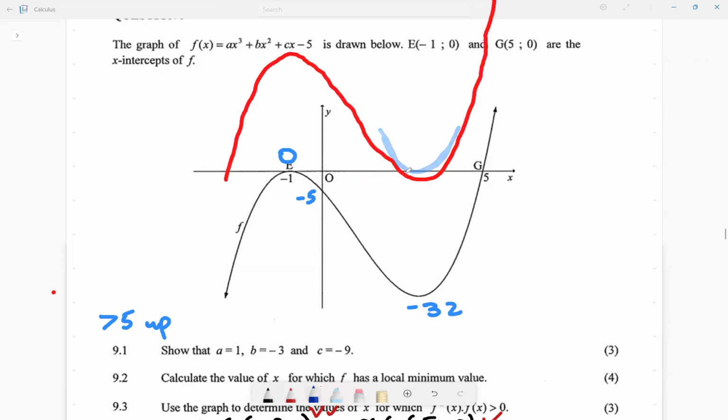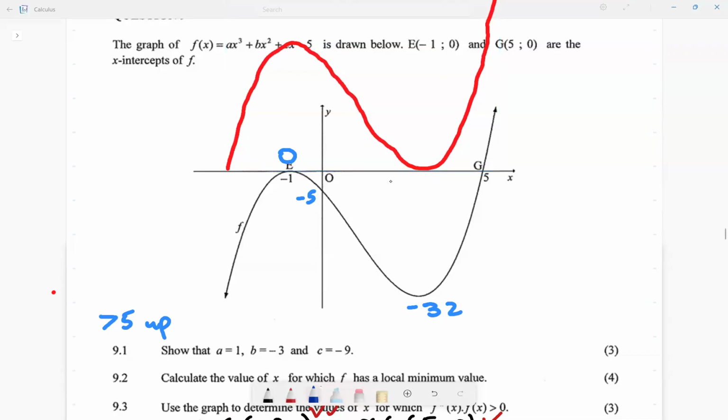But now in this case, it is a little bit further, so it's still having 2 positive and 1 negative. So I shouldn't move more than 32 units because when I move more than 32 units, I'm going to go back to 1 negative root and 1 positive root. So I am realizing that I should move more than 5 units up, but not more than 32 units up.